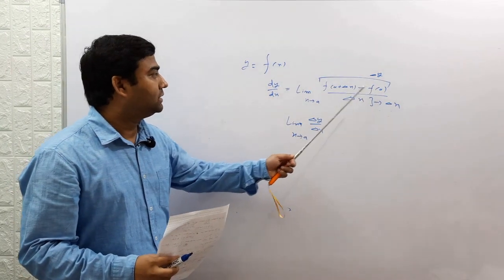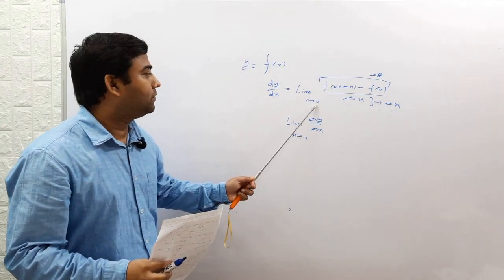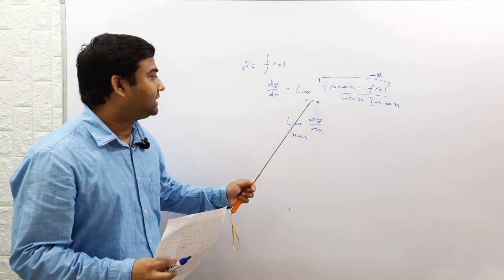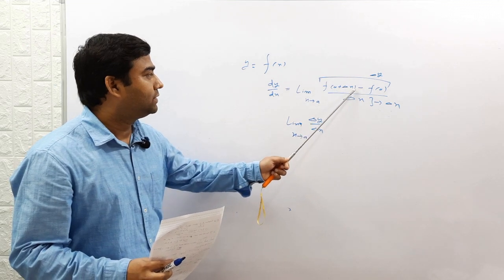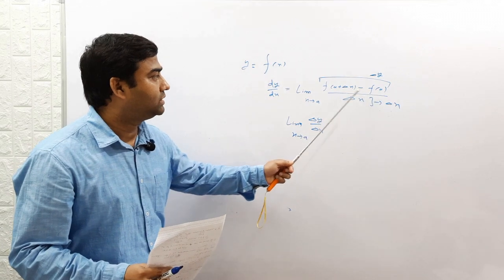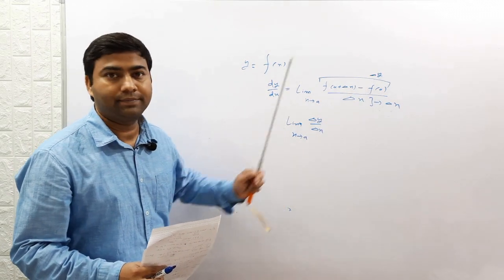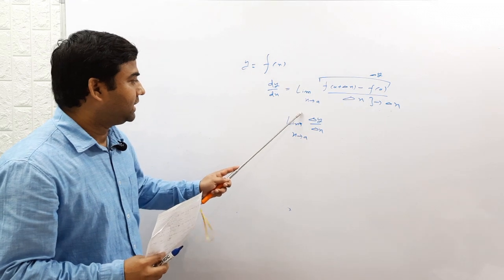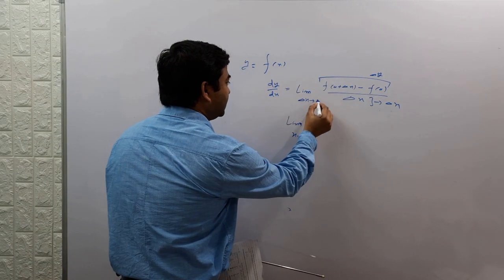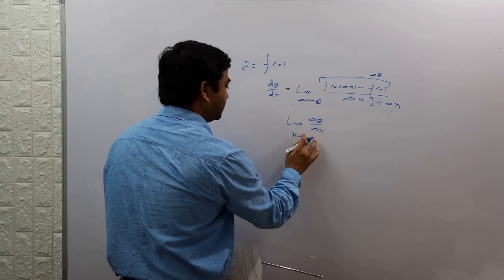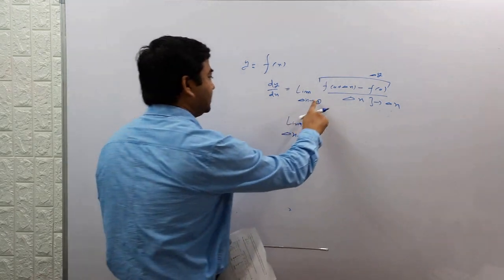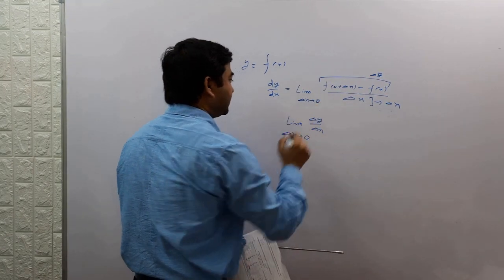This whole term is delta y. At x equal to a, the function is f(a). At x equal to a plus delta x, the function value is f(a + delta x). So when you subtract, you find delta y. So this limit you can write like this also, with delta x tending to 0, not x.